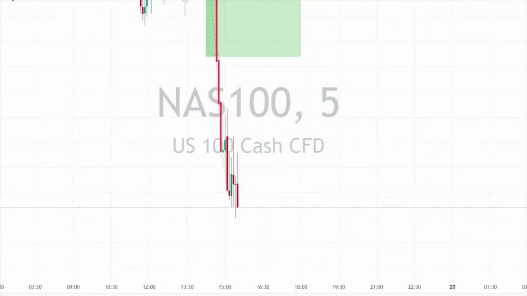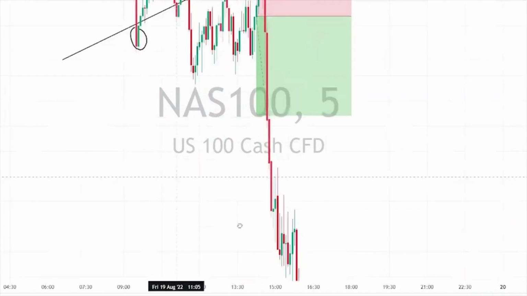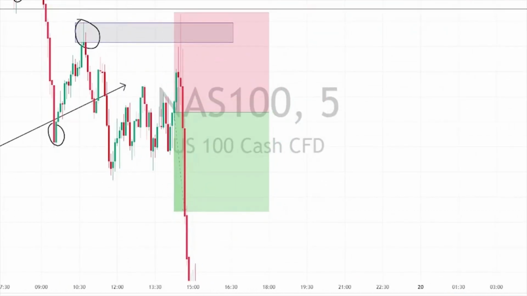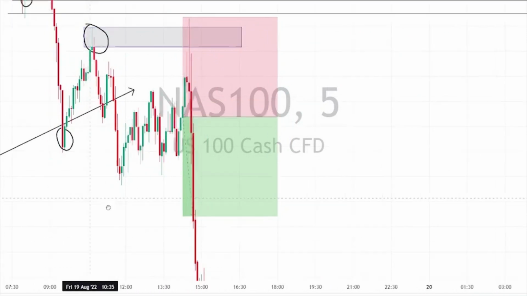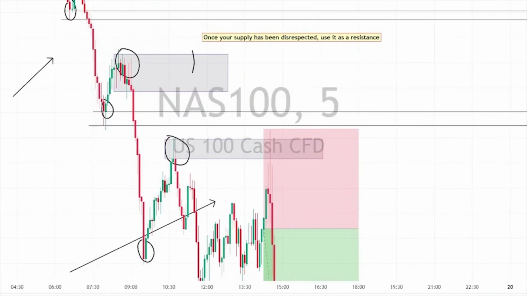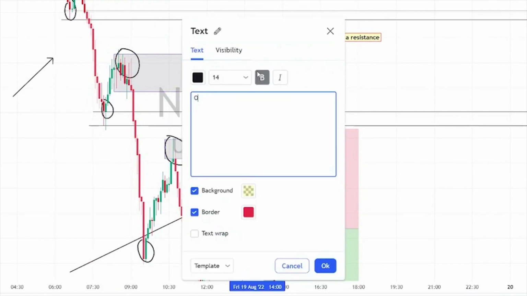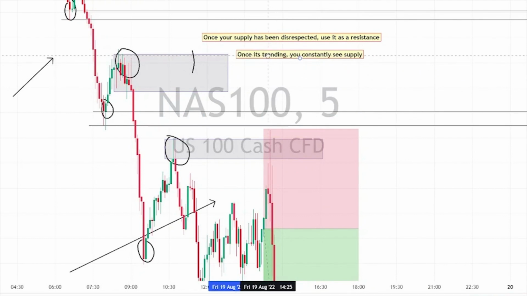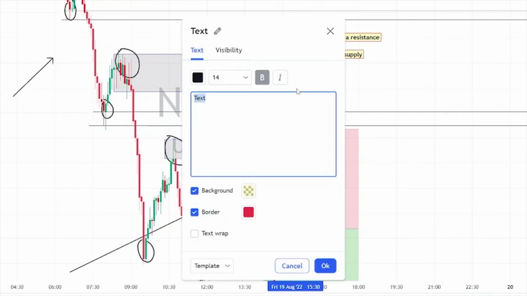So remember, they will be printing more supplies. Once it's trending, you constantly see supplies.